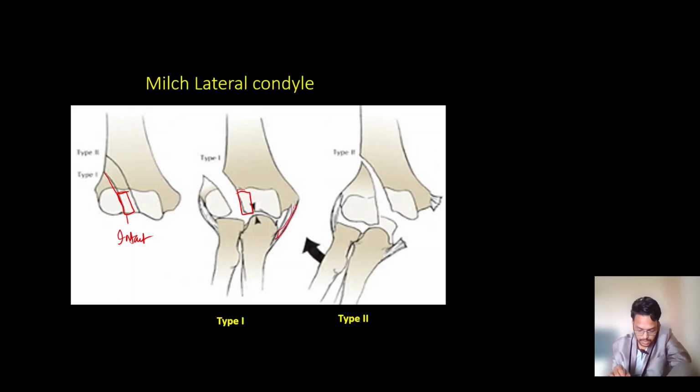The medial capsulo-ligamentous structures are also intact in type 1, but in type 2, the fracture is going through the transtrochlear ridge and the ridge is not intact, the ridge has disrupted. Here is the disrupted ridge part. Here again, because of that disruption, the medial capsulo-ligamentous structures are torn and the radius and ulna will be dislocated.